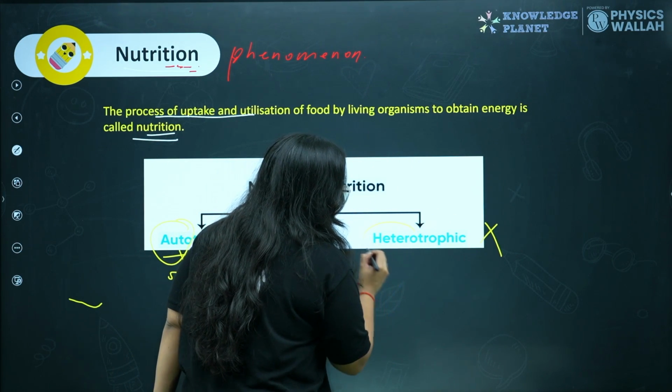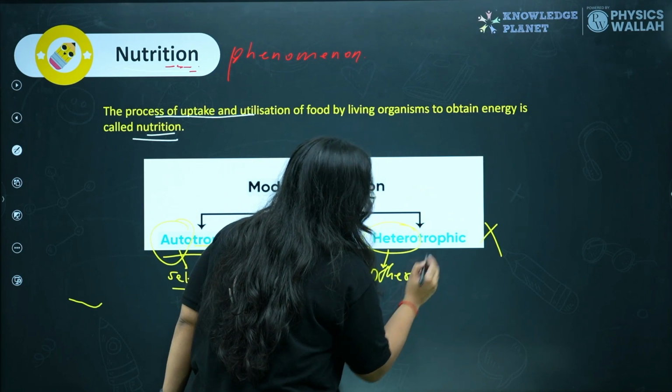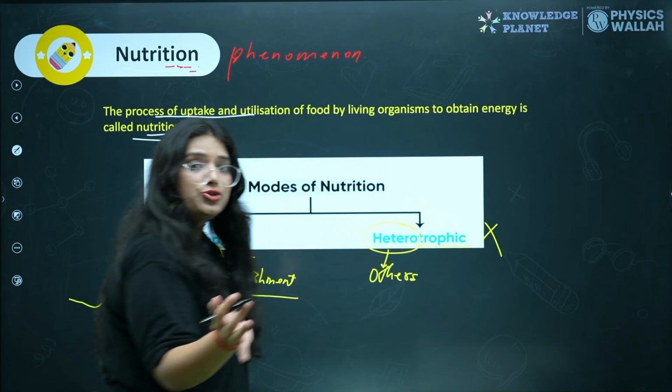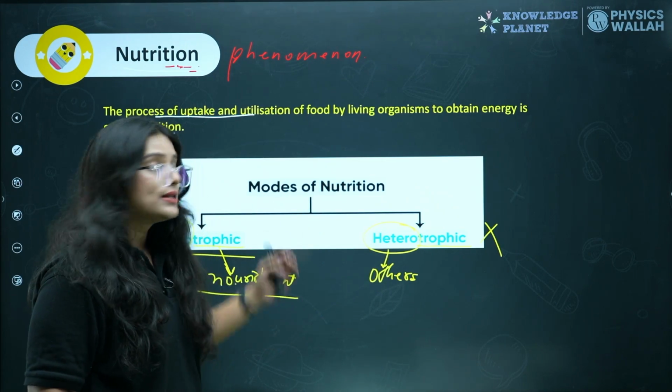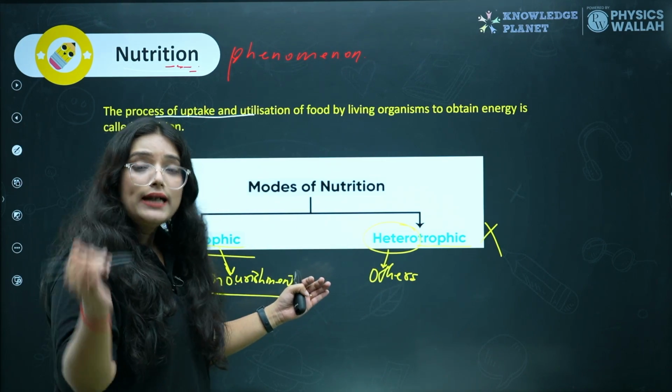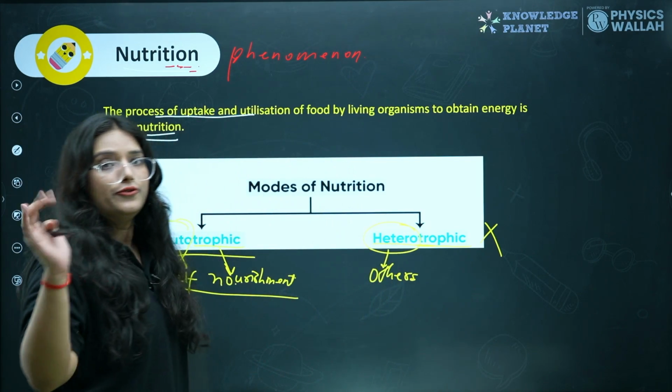Here the word hetero means others and trophic of course means nourishment, right? So these organisms depend on other organisms for their nourishment. That type of nutrition is known as the heterotrophic mode of nutrition.